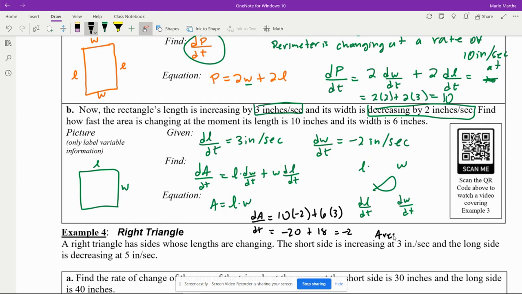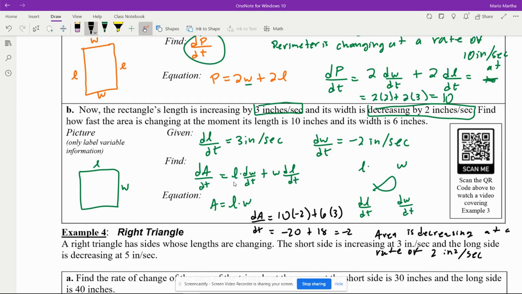So the area is decreasing, which sounds better than just changing, at a rate of 2 square inches per second.